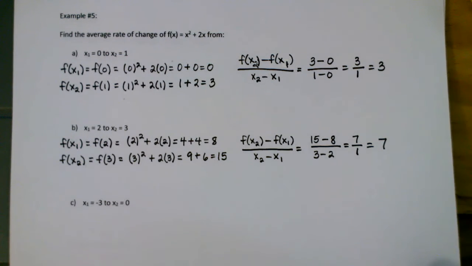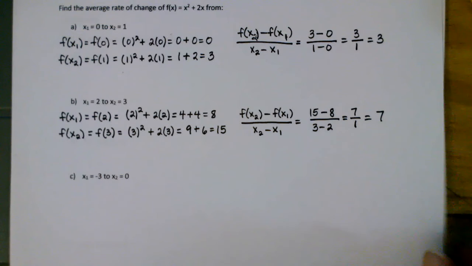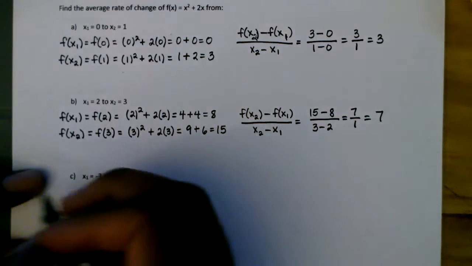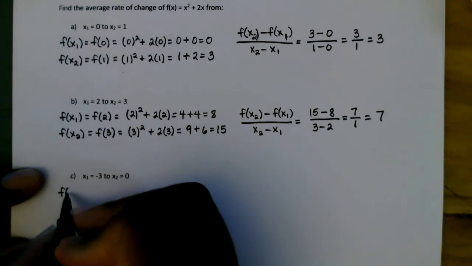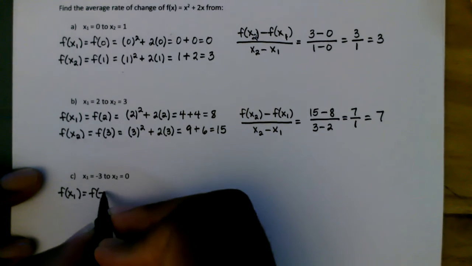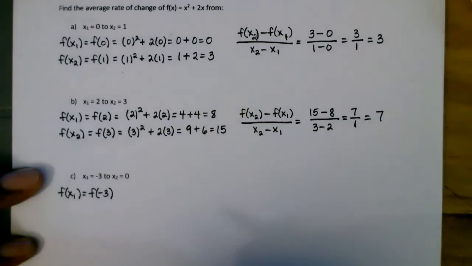Okay. Now let's look at part C. Here we want to find the average rate of change for this function from x1 equal to -3 to x2 equal to 0. So let's start with f of x1, and x1 is -3, so we're going to evaluate f of -3.